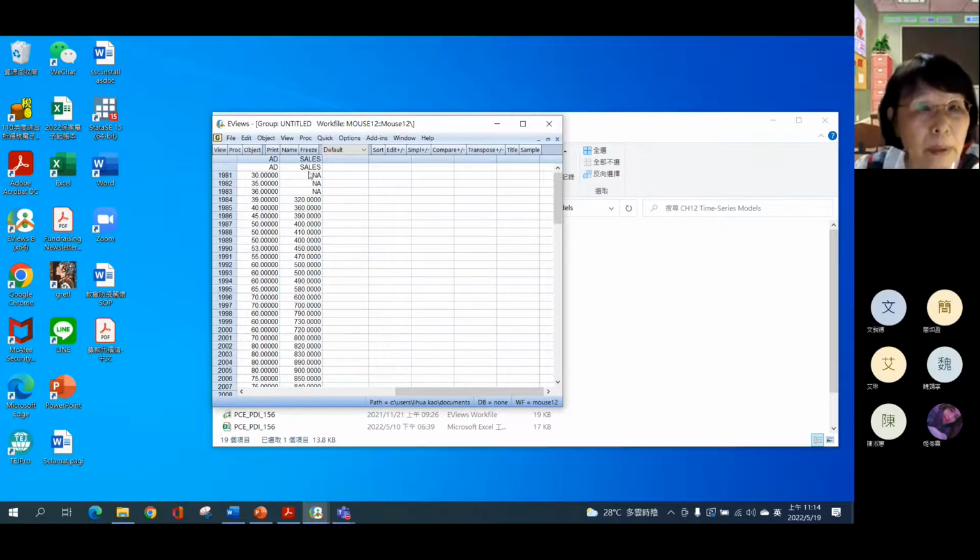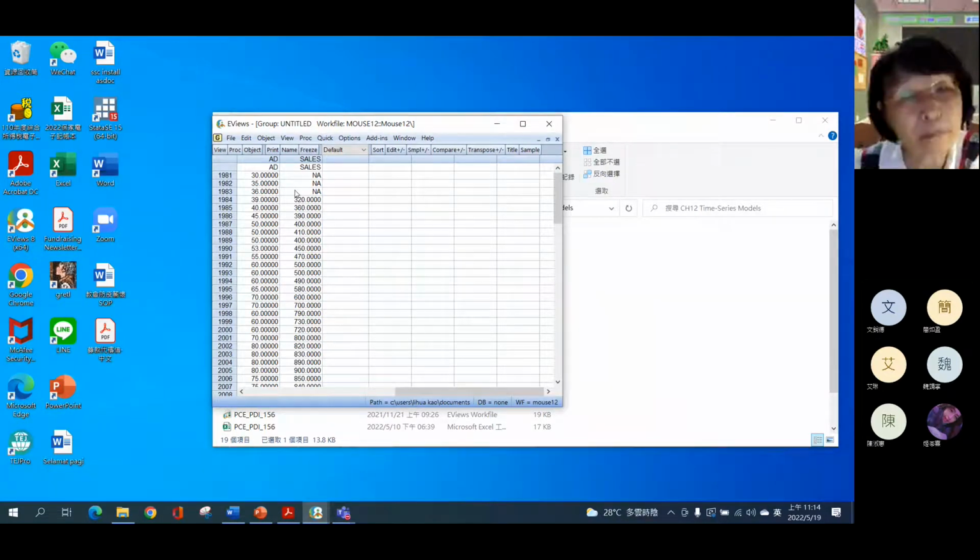Even though we don't have sales from 1981 to 1983, we still don't use that data for estimation, right? But we do need the data from 81 to 84. Okay, I got it. Just use the original one.